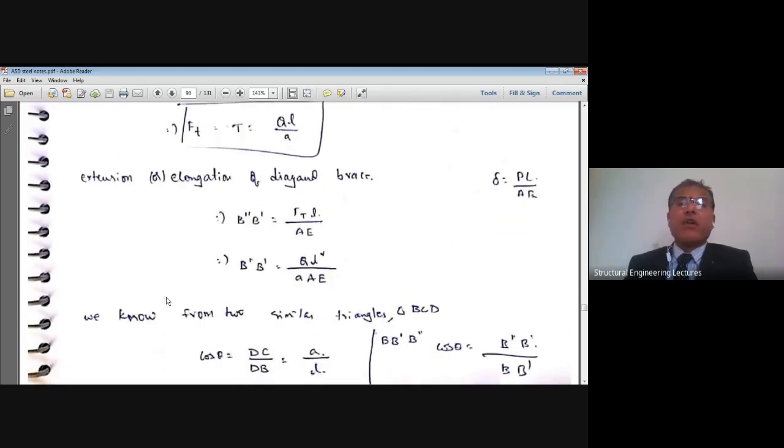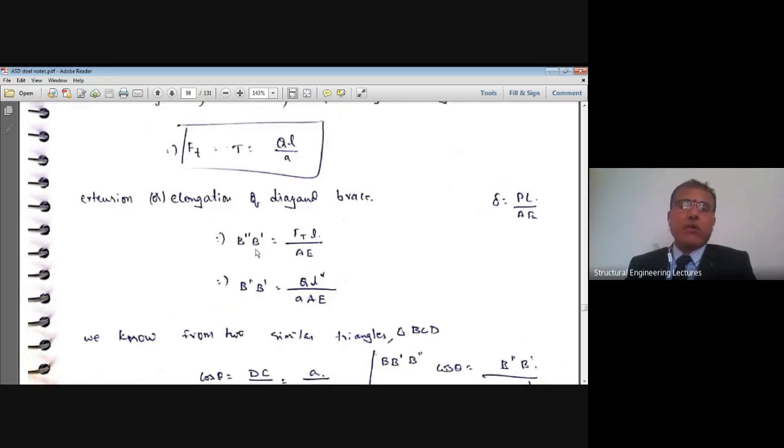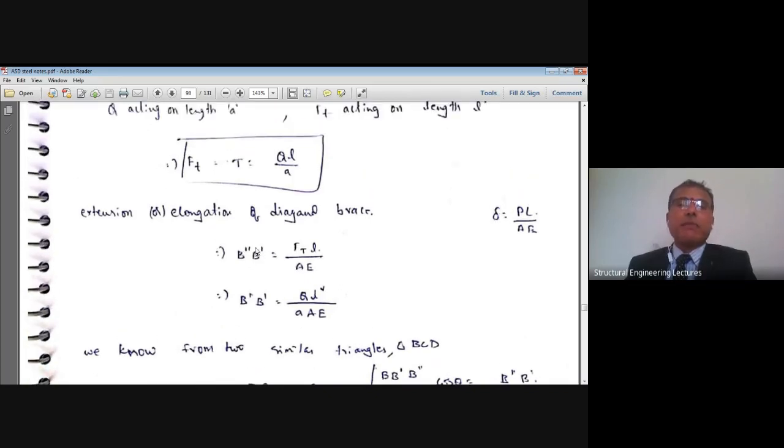But we already know that the extension of a bracing is given by the formula PL by AE, right? Here that extension delta is B double prime B prime, the extension of this diagonal bracing. The diagonal bracing will extend by an amount B prime B double prime, right?